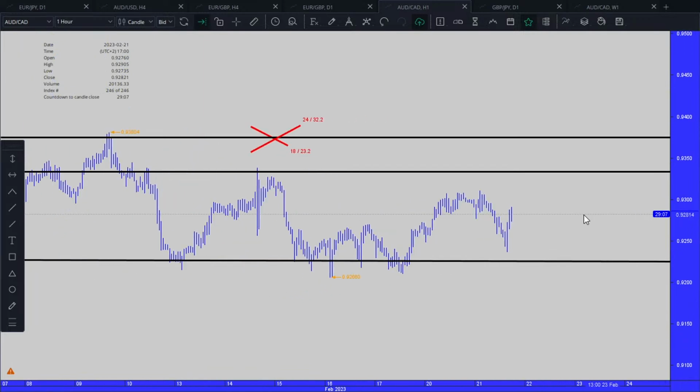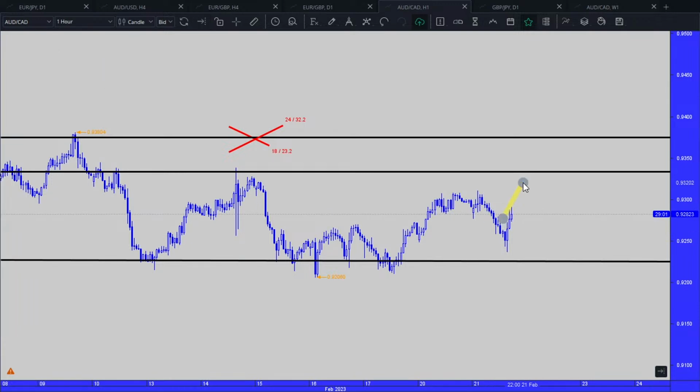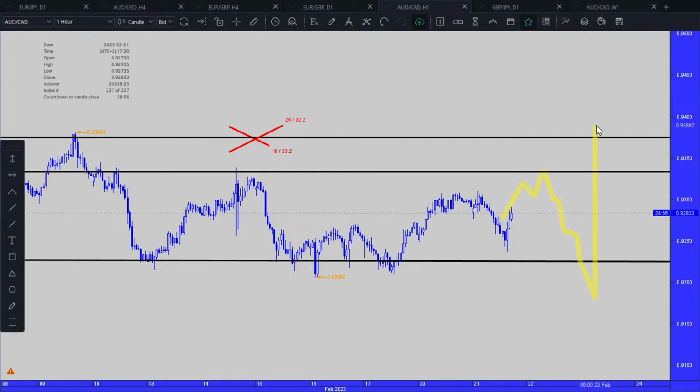I don't have the crystal ball. In my humble opinion, the market is going to go up in here somewhere and then start to reverse, until one day it is going to break out. We don't know on the upside or the downside.